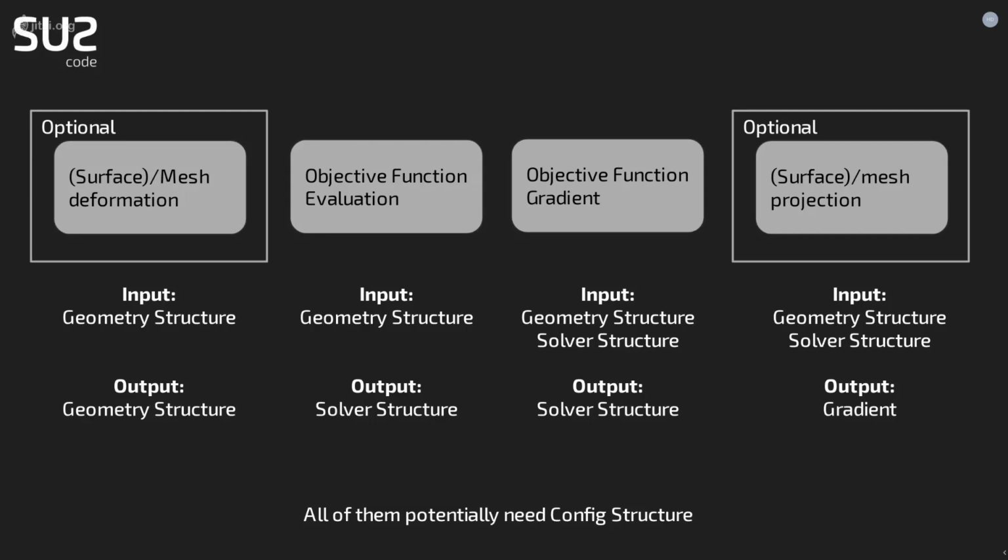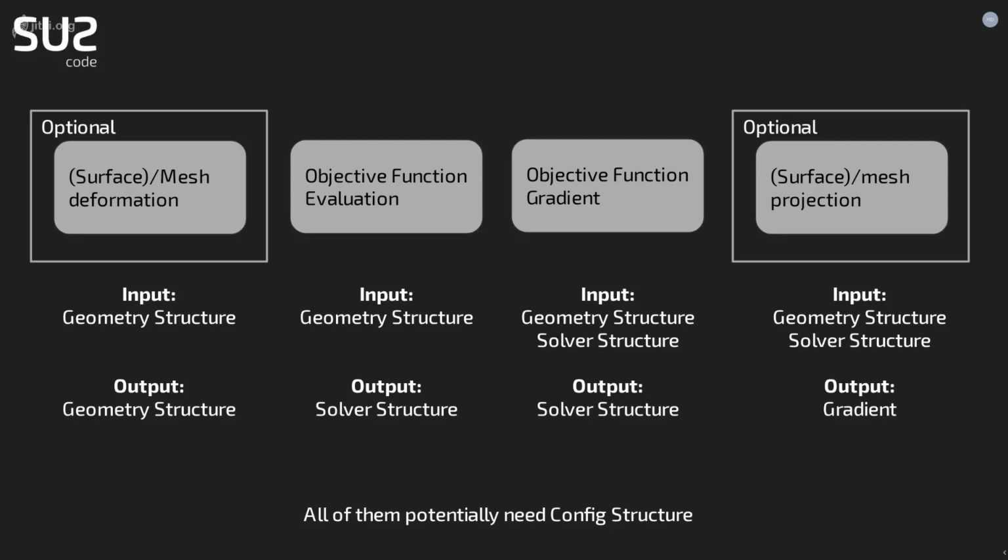So I mean, it's very easy, right? The surface mesh deformation needs a geometry structure, and that's it. Objective function evaluation needs the geometry and gives us a new solver where the solution is stored. Objective function gradient gets a geometry structure and a solver structure, which is the direct solver, and gives us a new solver structure which contains the solution, or some object that contains the solution.